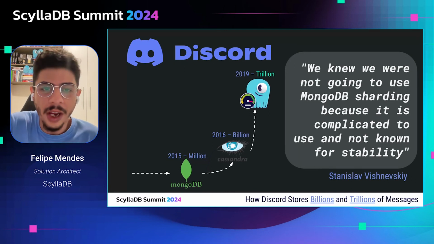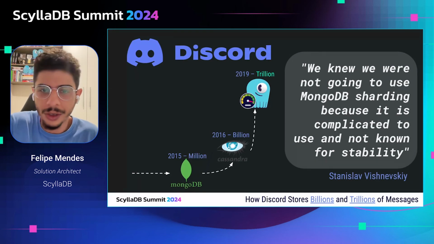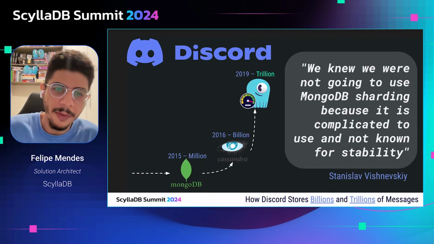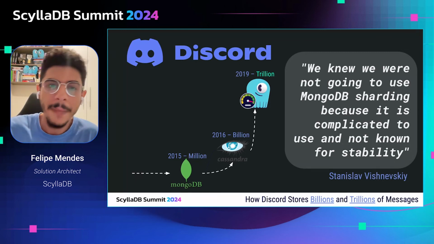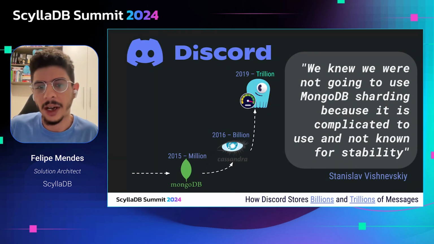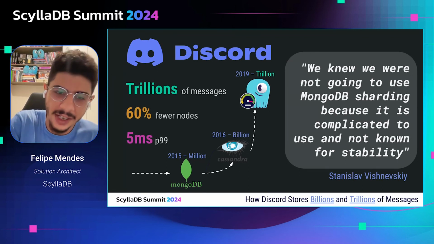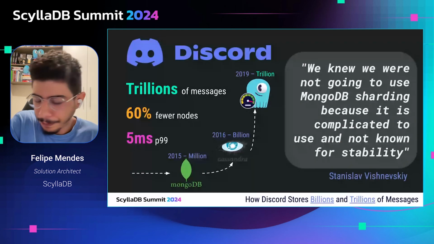In 2016, Discord completely switched to Apache Cassandra, which allowed them to scale from hundreds of millions of messages to billions of messages. And 3 years later, they were at ScyllaDB Summit presenting on how Discord migrated trillions of messages to ScyllaDB.